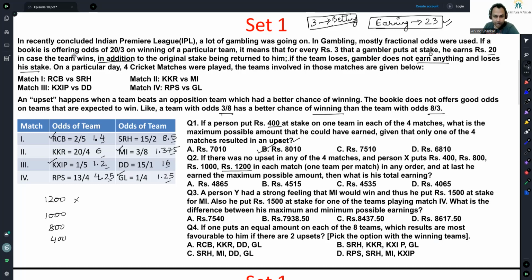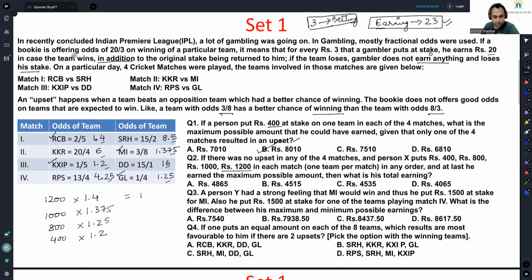Now with 1,200, I would want the highest possible return, because it's the highest amount. With 1,000, I would want the second highest possible return. With 800, I would want the third highest possible return. And with 400, I would want the lowest return.